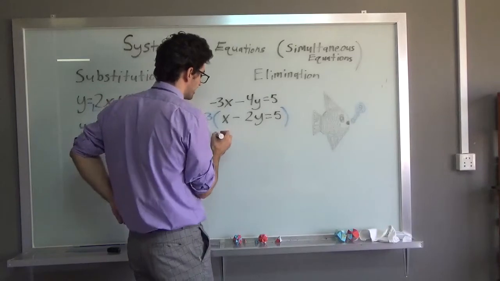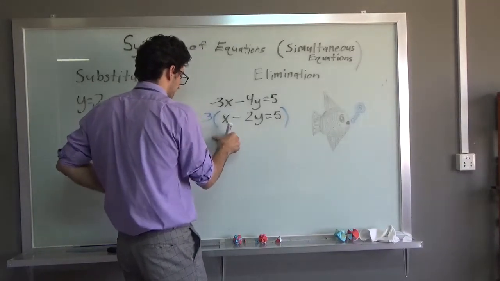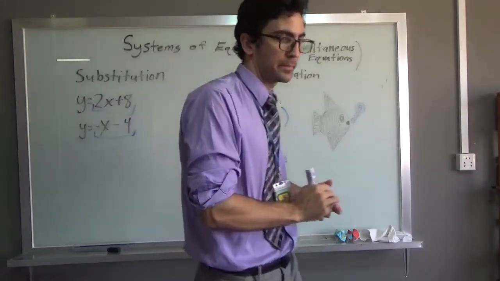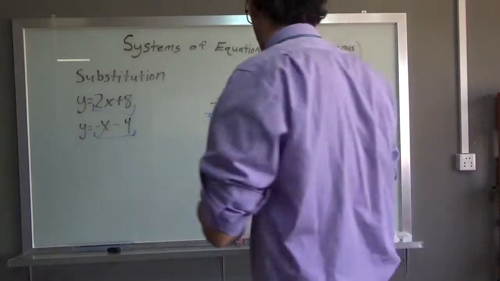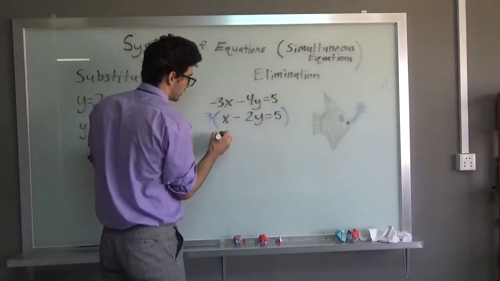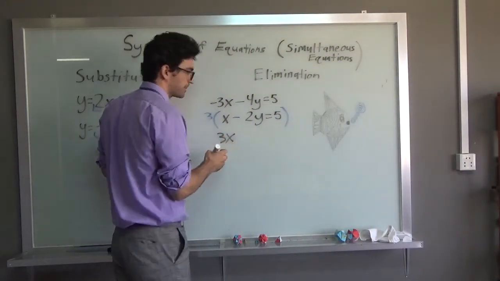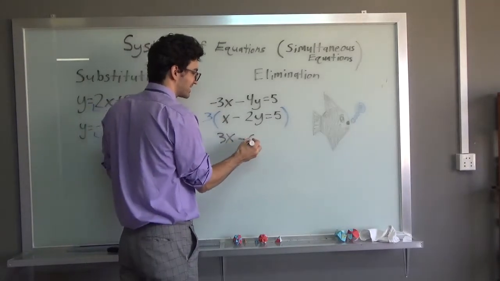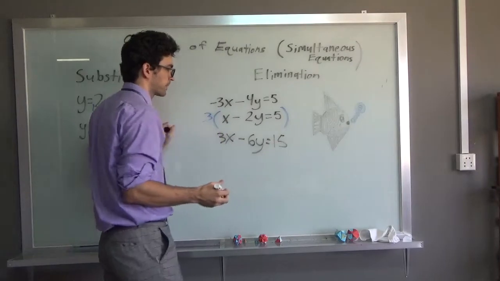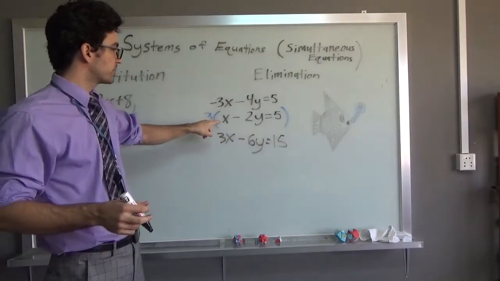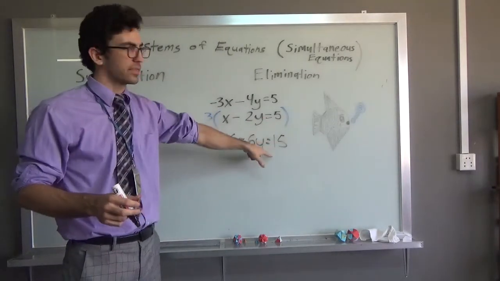So this will become, oh, that's bad. Let me get a different marker. Okay. We can just go back to the black. We'll have 3x minus 6y equals 15. Okay, so all we did was multiply every part of this by 3.